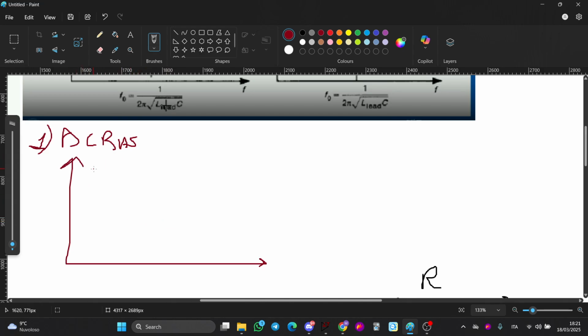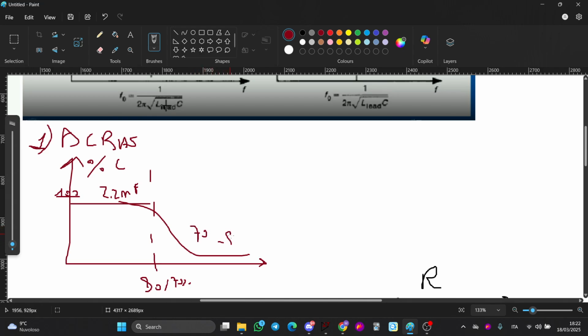So if this is the C percentage, this is 100% of the value, like 2.2 nanofarad. It will be like that until, I don't know, 80%, 70% of the voltage. After that, it will go down a bit. So a real graph will look like this.